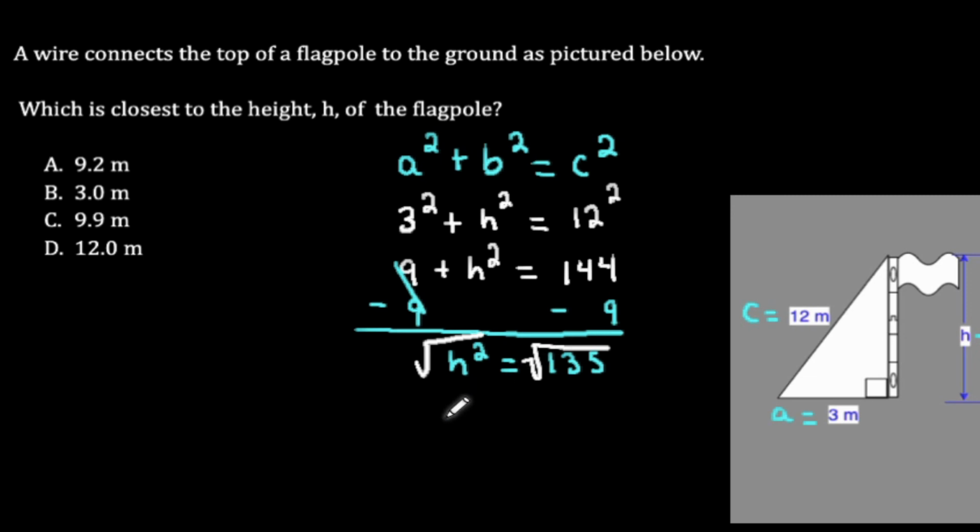So h equals the square root of 135, which is approximately 11.61. Looking at my answer choices, I can eliminate A, B, C, and the correct answer would be D, because if I round this to the nearest whole number, that's equal to 12 meters. So the correct answer is answer choice D.